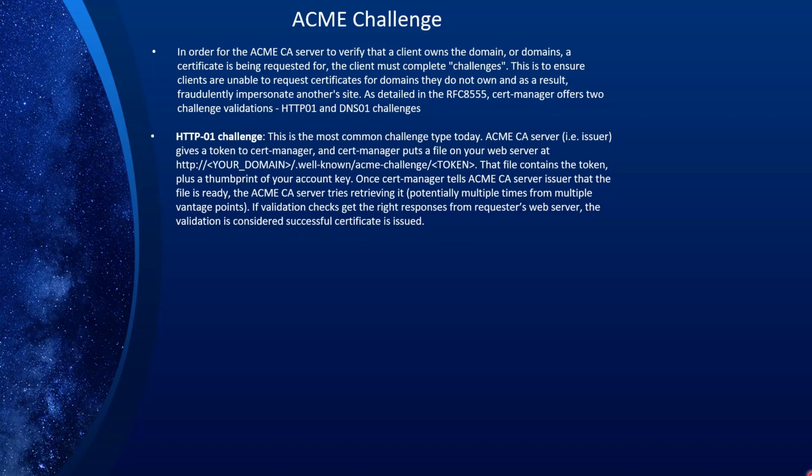In this challenge, the ACME CA server, that is the issuer, gives a token to Cert-Manager and asks it to copy it to a well-known location under the HTTP domain name, at this location over here. The file contains a token plus a thumbprint of our account key. Then Cert-Manager informs the issuer that the file is located here, and the ACME server tries to retrieve it. If it's successful, then the certificate is issued.